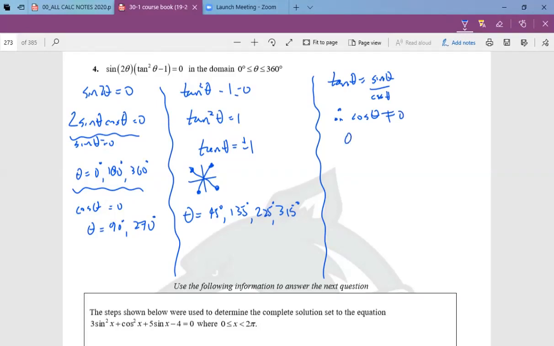Therefore, theta cannot be 90 degrees plus n times 180 degrees. So this time we're working in degrees for our restrictions. We still say n is an integer, but it can't be 90 degrees plus or minus any multiple of 180 degrees on that.